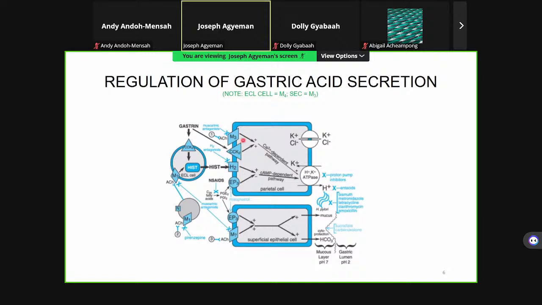Since these two pathways are calcium dependent, it means that without calcium, we are also going to suffer. And anything that improves our intracellular calcium could also be a threat of excessive acid secretion, because we have two main pathways that are dependent on calcium. So if you can remember, one of the bad sides of calcium-containing antacids is said to be rebound acid secretion.